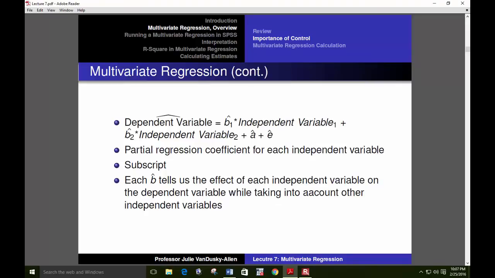Multivariate regression produces the following equation. Dependent variable hat equals b hat 1 times the first independent variable plus b hat 2 times the second independent variable plus a hat plus e hat. Note that there is what we call a partial regression coefficient, or b hat, for each independent variable.